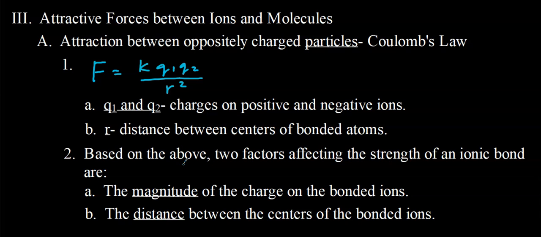So based on the above, two factors affecting the strength of an ionic bond are, of course, the magnitude of charge. The greater the charge magnitudes, technically the product of the charge magnitudes, the stronger the force of attraction. And the smaller or shorter the distance between the attracting bodies, the stronger the force of attraction as well.